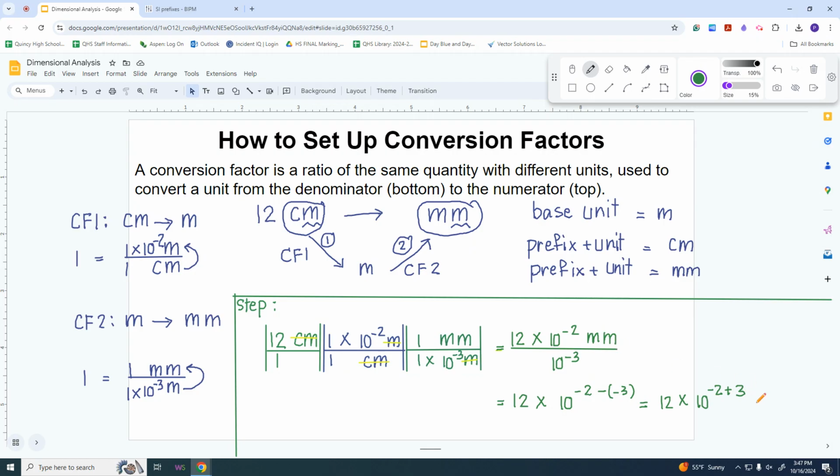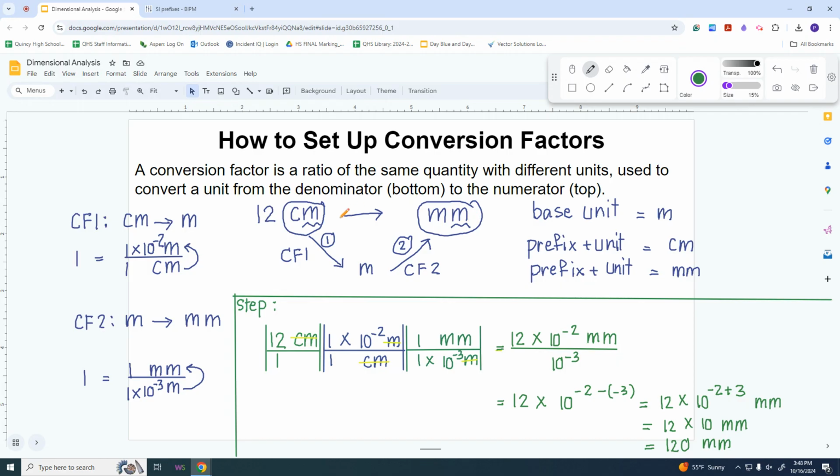And don't forget the unit, millimeter. So it's going to equal 12 times 10 to the negative 2 plus 3, that's 1, millimeter. Or very simple, 120 millimeters. Now you should know that 1 centimeter has 10 millimeter, so 12 centimeter is 120 millimeter.